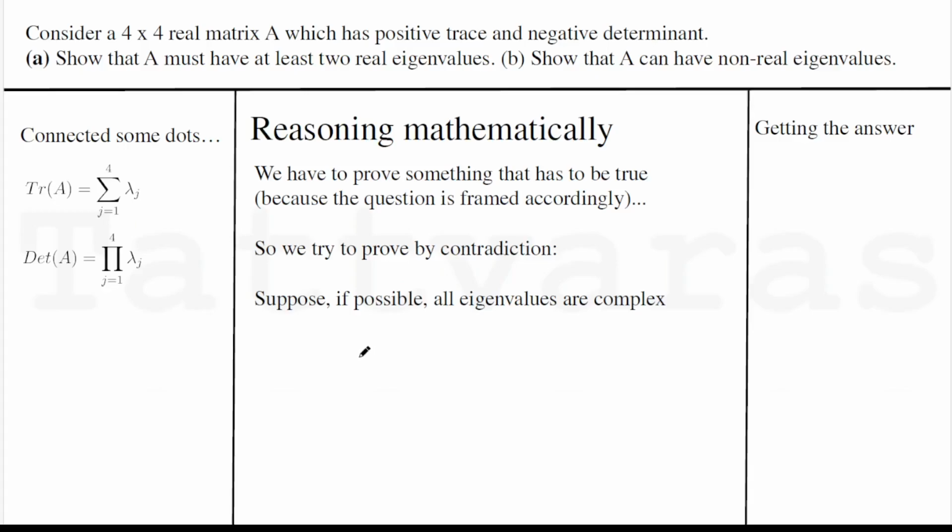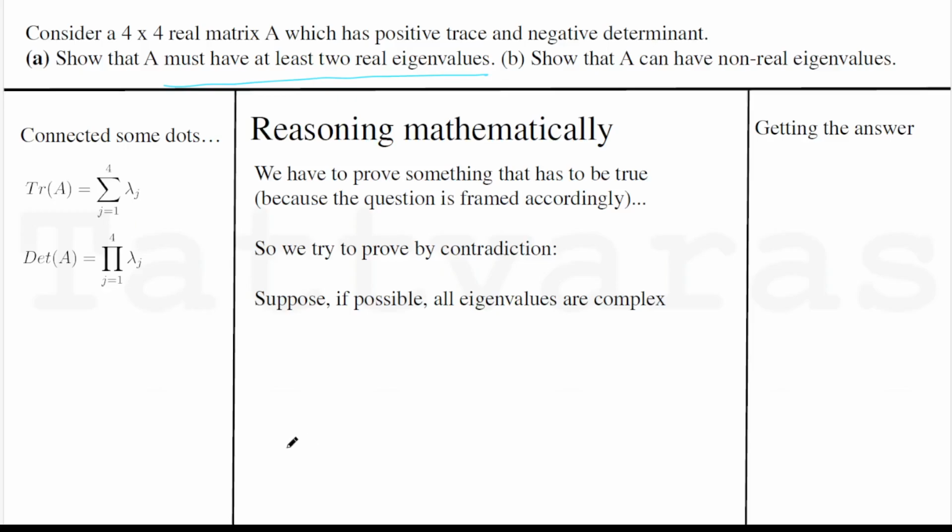Now, the statement is A must have at least two real eigenvalues. The opposite of that is A does not have at least two real eigenvalues. It means A has zero real eigenvalues.